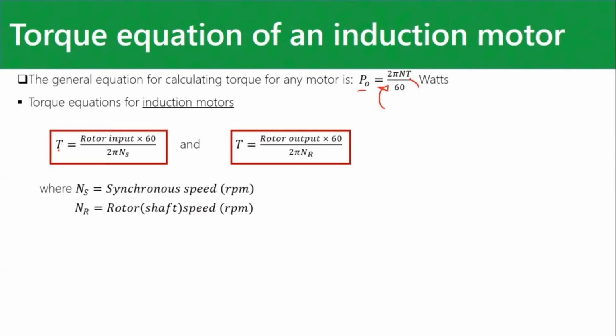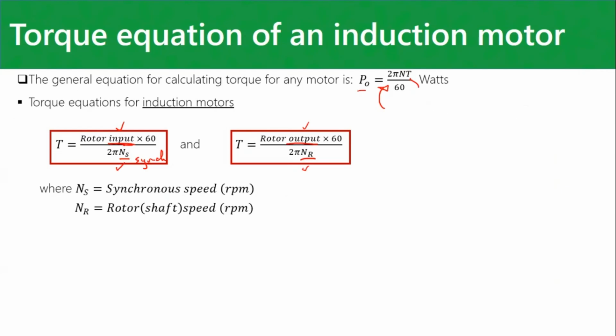So torque is rotor input power over the synchronous speed, or torque is also rotor output power over the shaft rotational speed. So it makes sense. Eh? Output is the shaft, use the shaft speed. The input is where the magnetic field is cutting the rotor bars or rotor conductors. So you use the magnetic field speed.